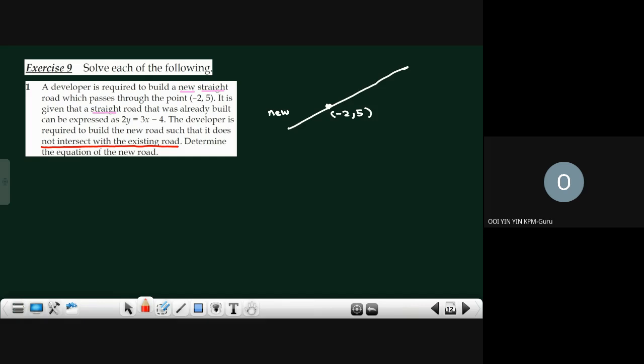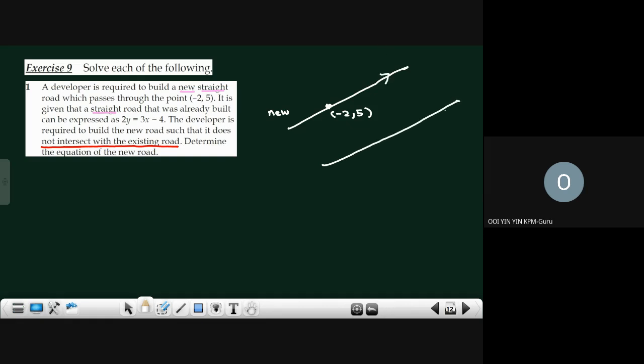There is only one situation in which the two roads will not intersect: when the two roads are parallel.